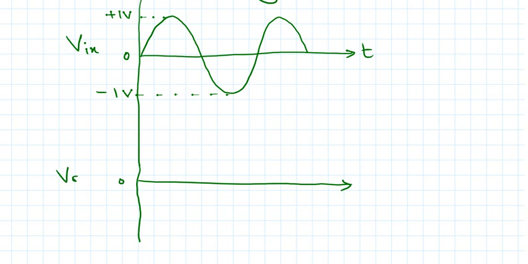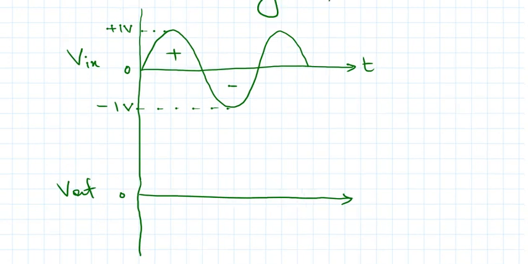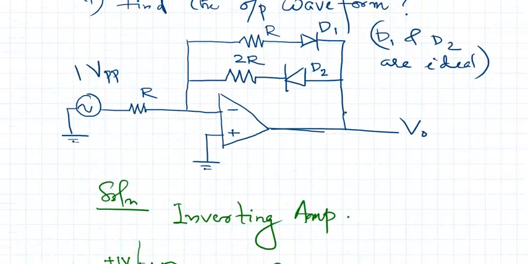So this is an inverting amplifier. So whenever there is a positive cycle, the output will be a negative cycle. Inverting amplifier means there is a 180-degree phase shift between input and output. So when the input is positive, the output will be negative.